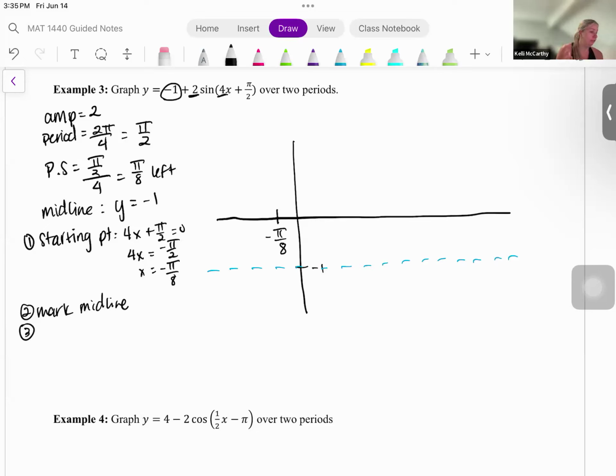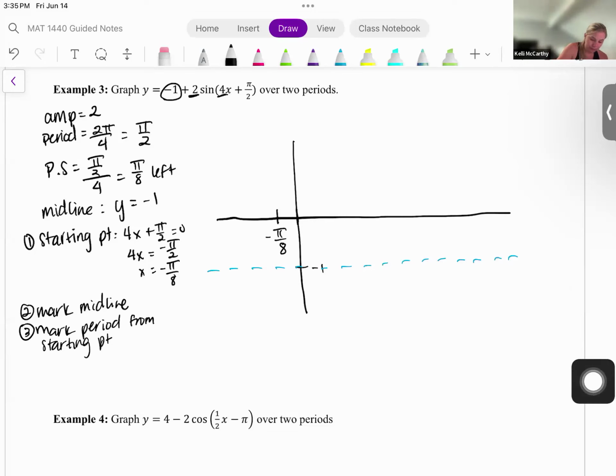Three, we're going to mark the period from that starting point. So our period was pi over 2. We're going to start making some equal width segments here in factors of pi over 8.